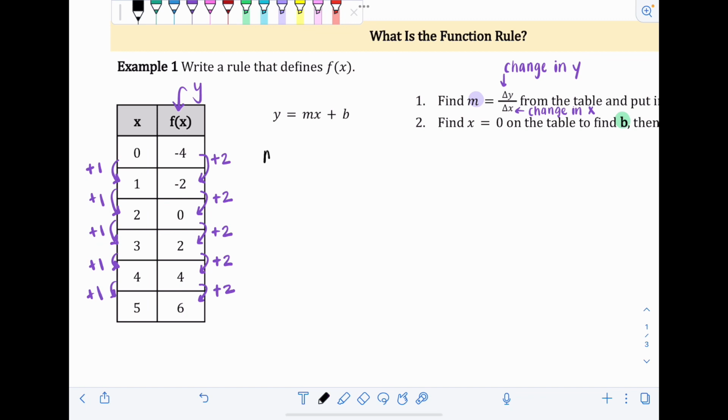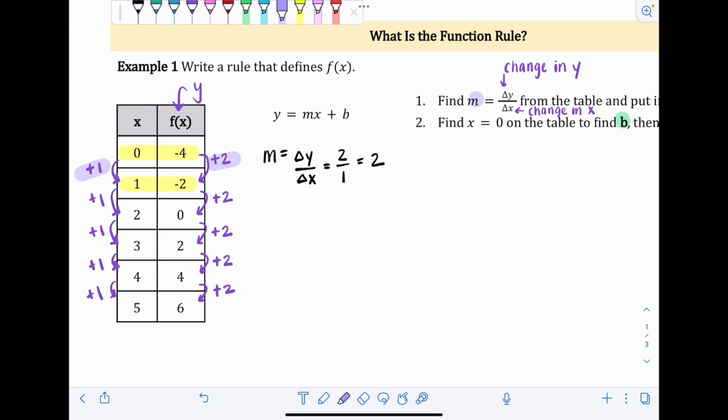So when I say find m equals the change in y over the change in x, I really just need a pair: between this point and this second point, the change in y is 2 and the change in x is 1. So that means m equals 2.